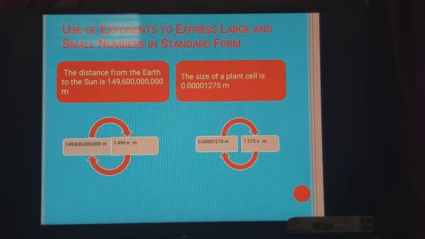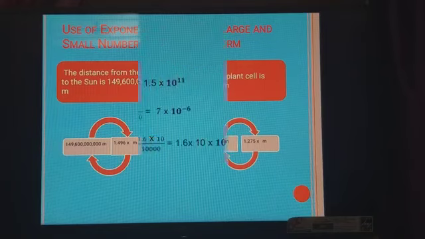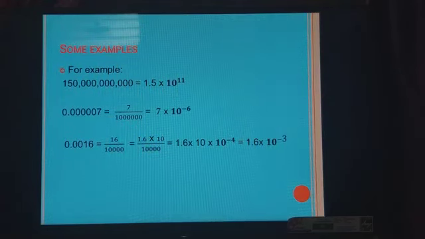For example, if the measure is 0.000125 meter, we will write it as 1.275 into 10 raised to 7. For another example, 1.5 into 10 to the power 11.